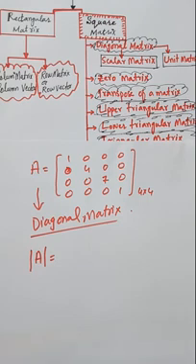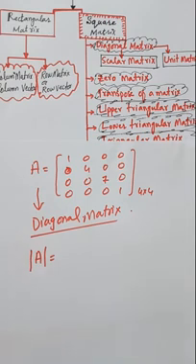For that we will discuss in detail, in coming videos, the concept of cofactors and minors. But before discussing that, if a matrix is a diagonal matrix, you just need to multiply the diagonal elements and you will get the determinant.